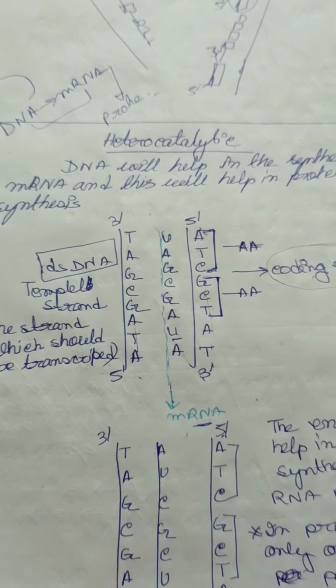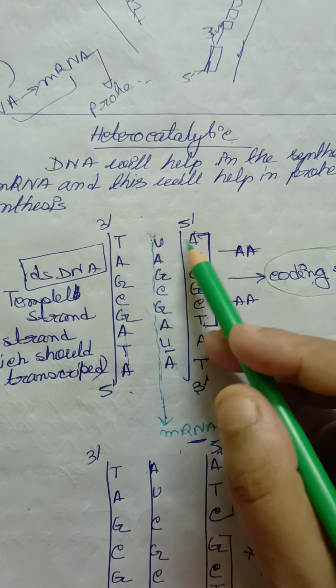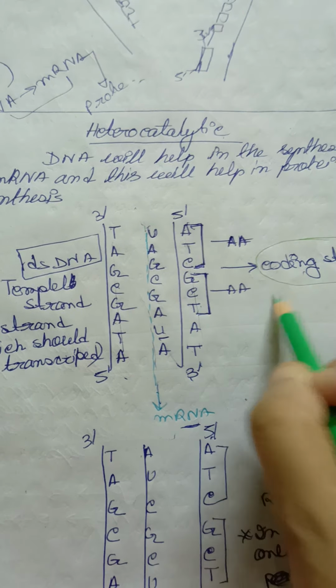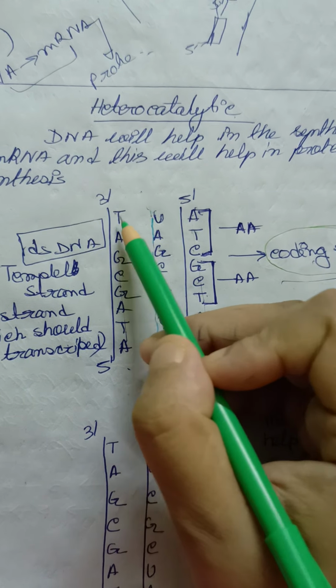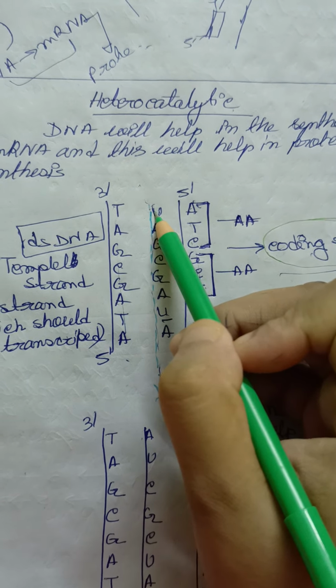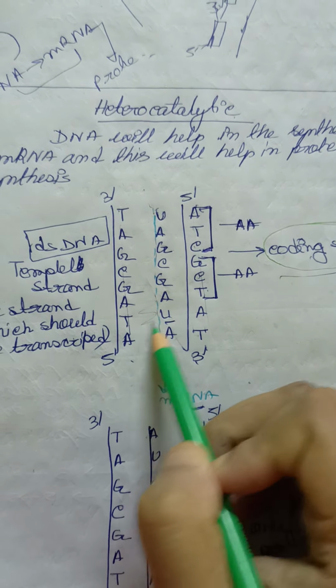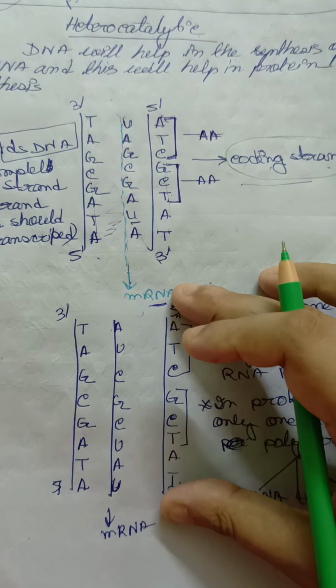If we take, if A codes for U, T codes for A, this is the coding strand. Now you see the opposite thing, T does not code for U, A does not code for A, so these are not making the similar thing, right? So what we will take, we will take this as a codon strand.